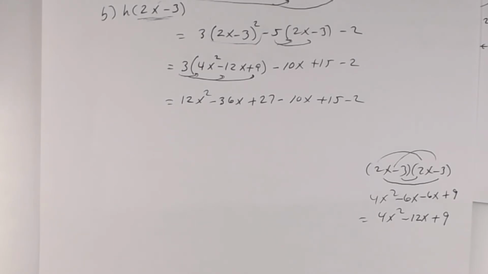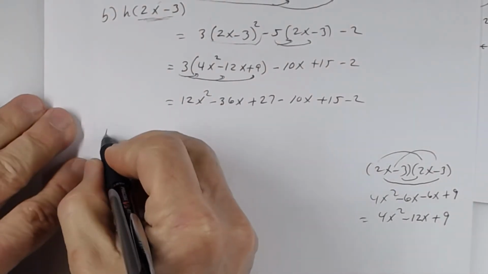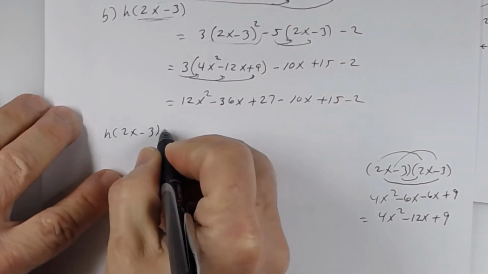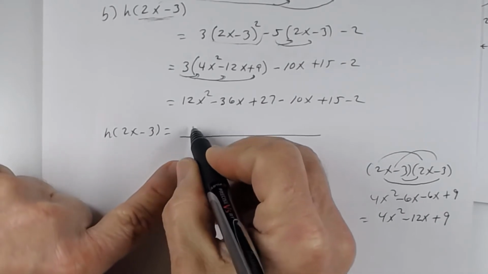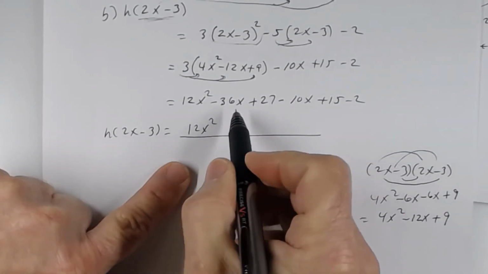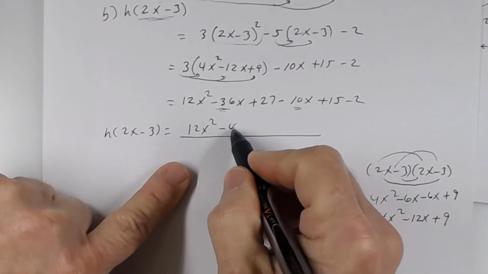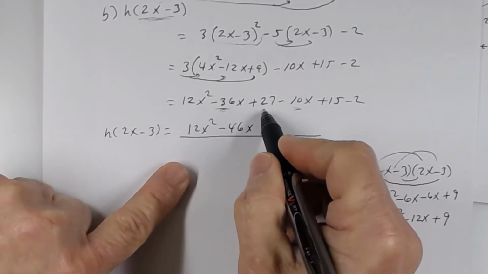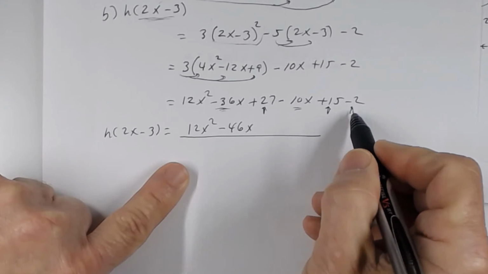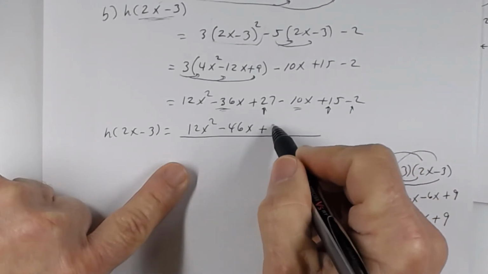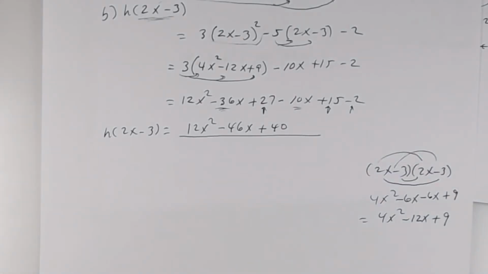And so therefore, h of 2x minus 3 is going to equal 12x squared. Okay, what's a negative 36x and a negative 10x? Negative 46x. What's 27, 15, and a negative 2? 40. Okay, so there's your answer. h of 2x minus 3 is 12x squared minus 46x plus 40.